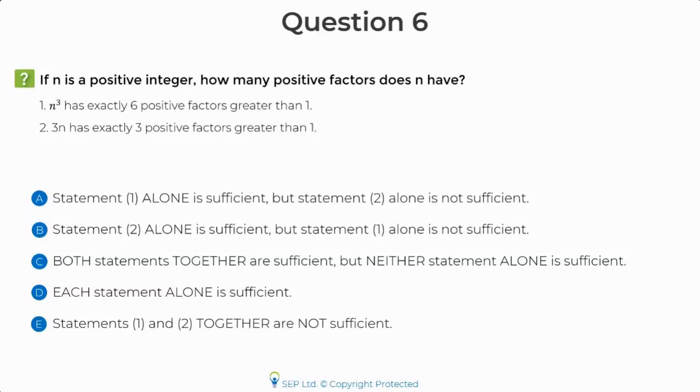Another 30 seconds, then I'll end the poll. Ten seconds, guys. Okay, I'm ending the poll.